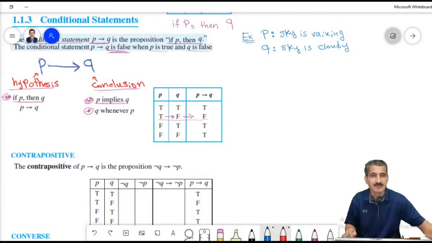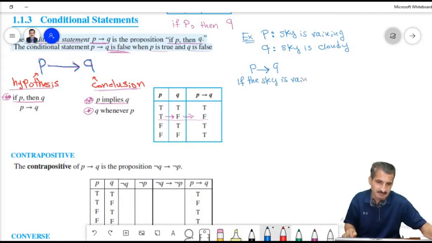Then we can say P gives Q. That means, if the sky is raining, then it is cloudy.